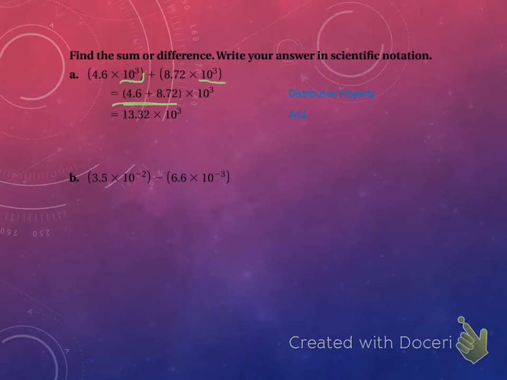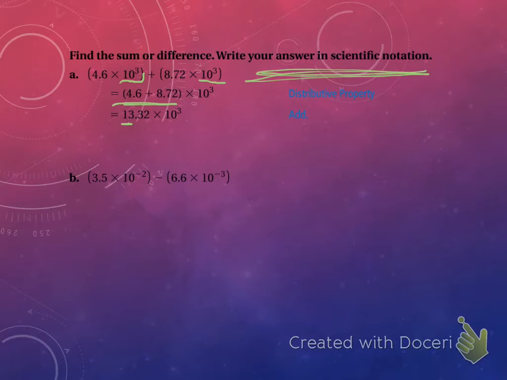4.6 plus 8.72 is 13.32 times 10 to the third. Now you can't stop there, because the directions ask you to write it in scientific notation. When you write something in scientific notation, remember there is only one number to the left of the decimal. And right here we've got two numbers, the 1 and the 3.